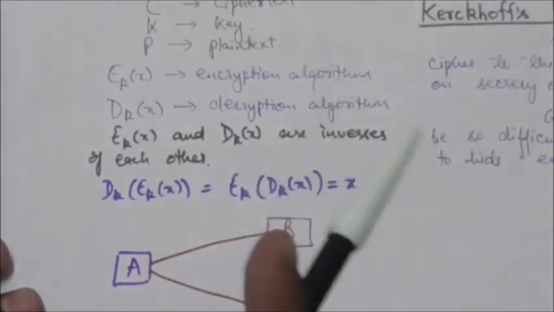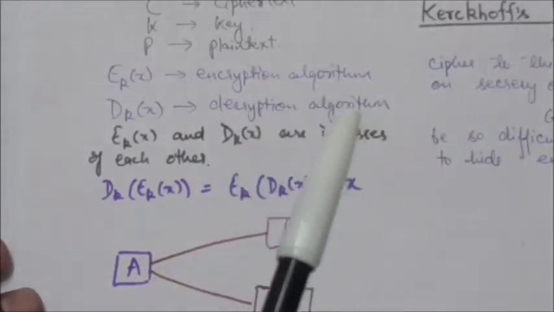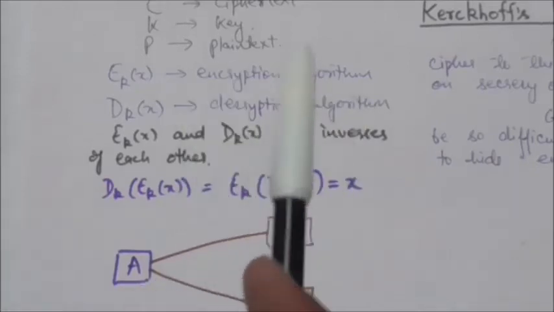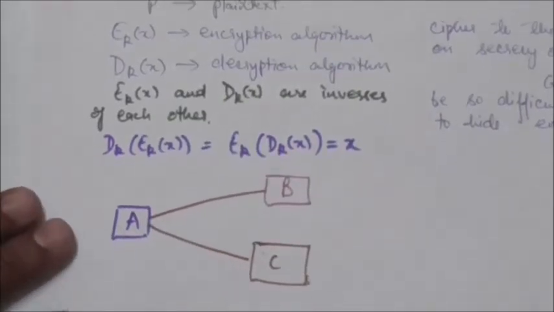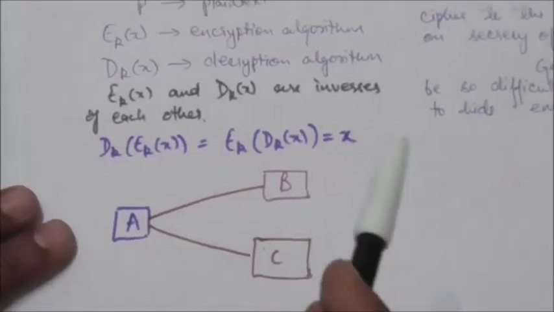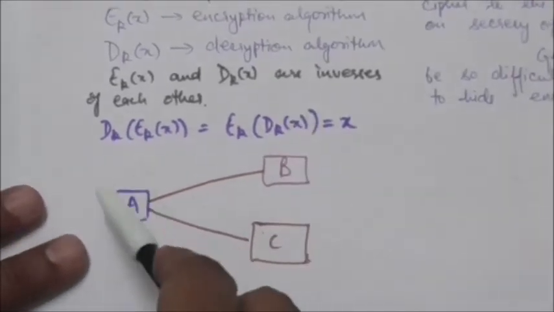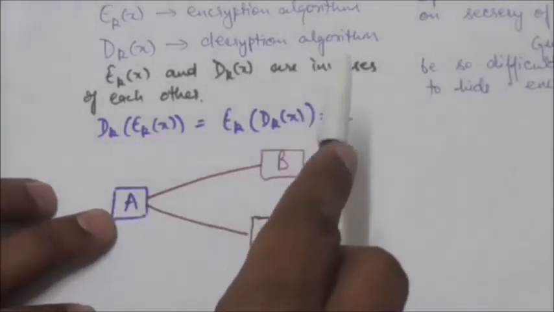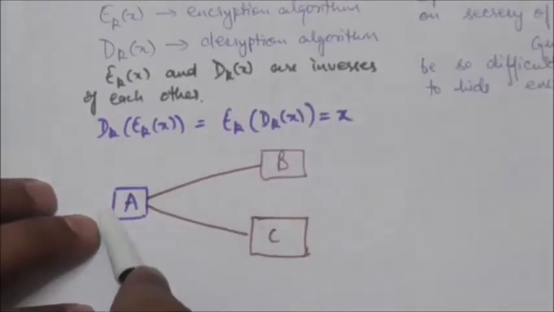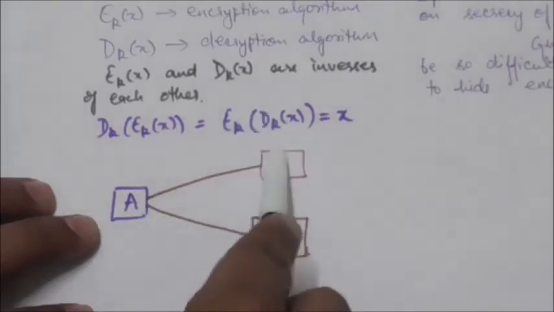Now what happens using a symmetric key encipherment? The same key is used for communication in both directions. It means that in communication from entity A to entity B, and in communication from entity B to entity A, the same key is used.